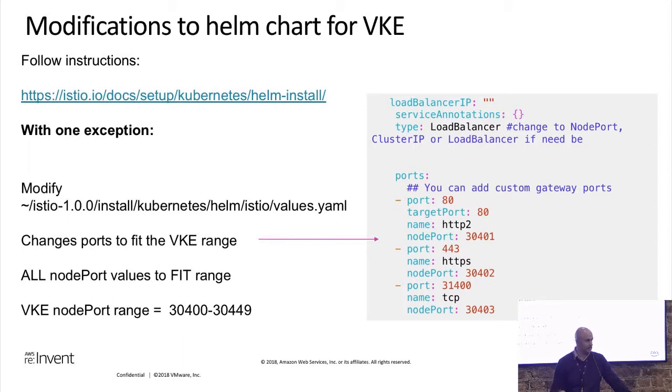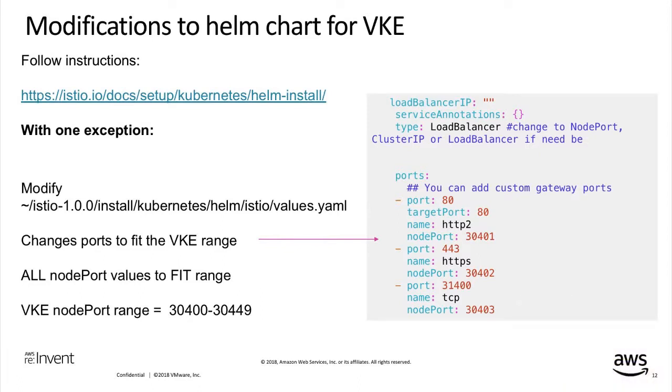EKS is probably open, depending on what it is. If you have something on-prem, you may get restricted. The service that we use, VMware Cloud PKS, which used to be called VKE, because it's a managed service, we restrict the port range from 3400 to 304049.